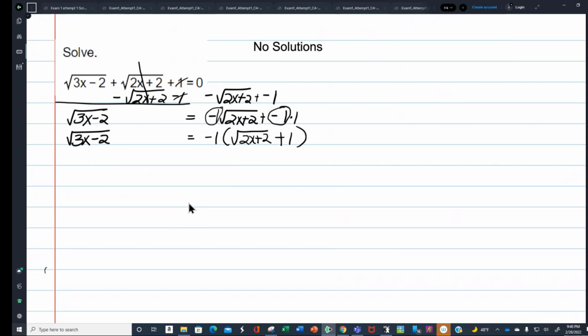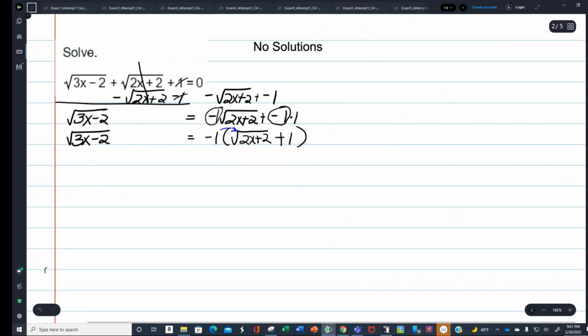Now, have I changed this? Let's make sure I have not made a mistake here. Negative 1 times the square root of 2x plus 2 is negative the square root of 2x plus 2. And negative 1 times positive 1 is negative 1. So I have exactly what I started with. I just put it in a different form.